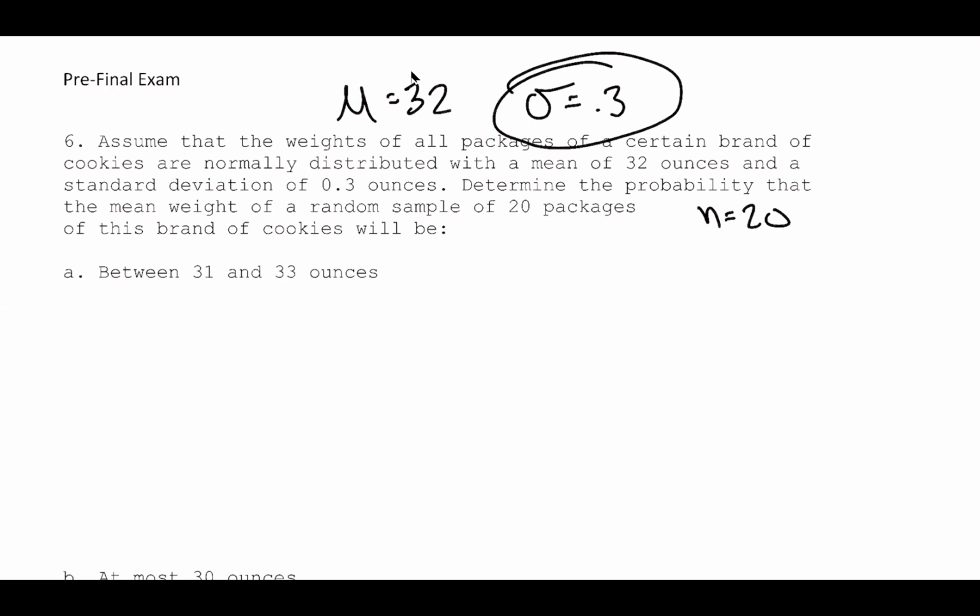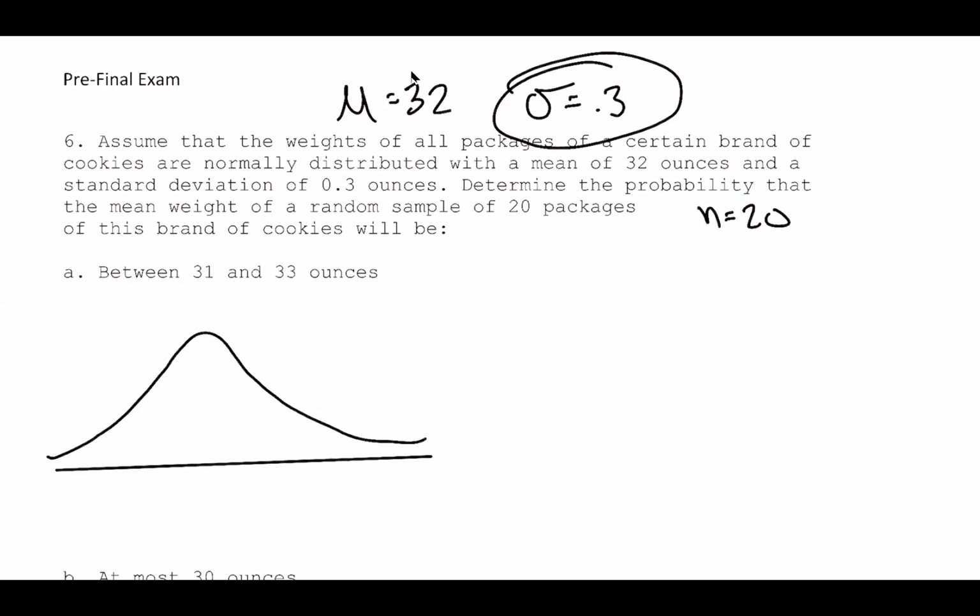But since we're randomly selecting 20 packages, we're going to have to adjust that. So we'll adjust that once we go to part A. Any questions so far for the labeling for mu, sigma, or n? No. All right. So let's go ahead and do this next problem.